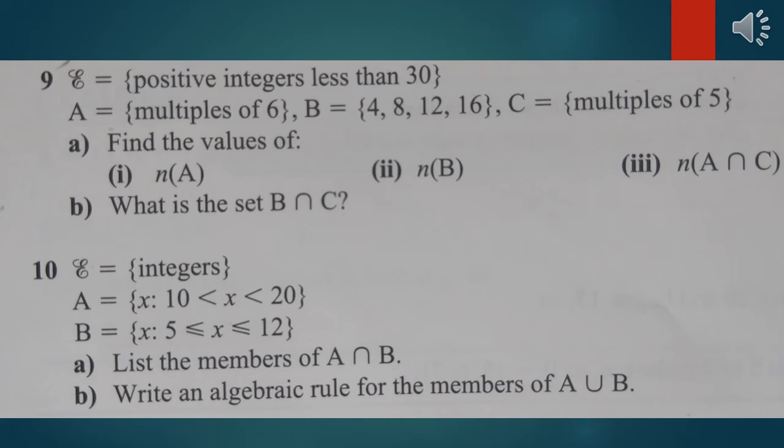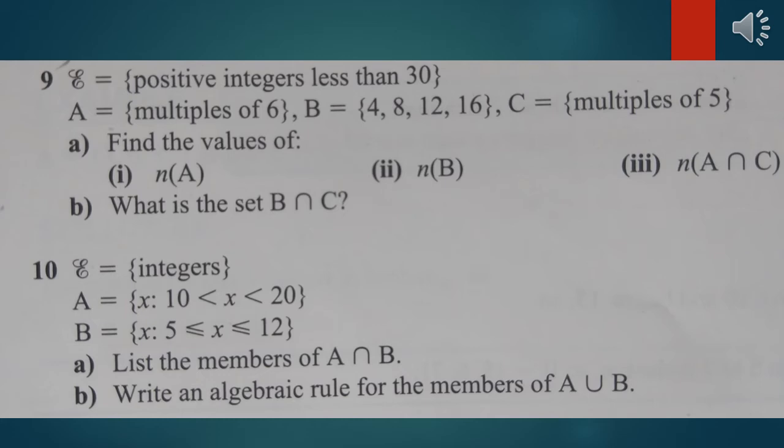Question number 10 is also the same thing. The universal set is the integers. A is the integers between 10 and 20. X is greater than 10 and less than 20. That is, you have to go from 11 to 19.